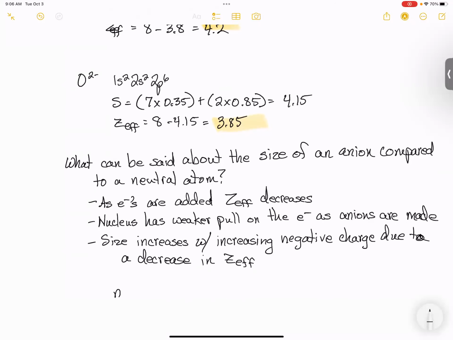So a neutral atom will be smaller than a -1 atom, will be smaller than a -2, will be smaller than a -3.